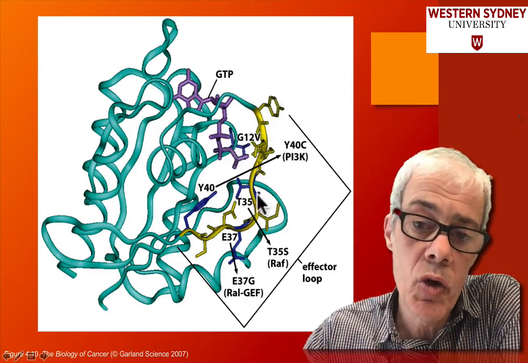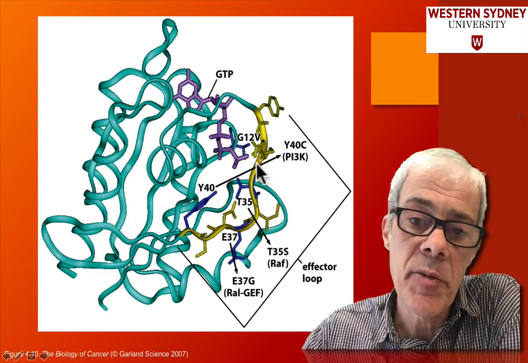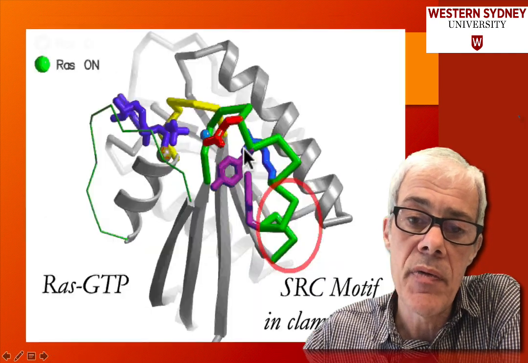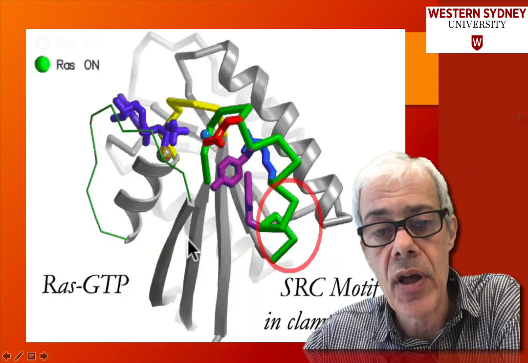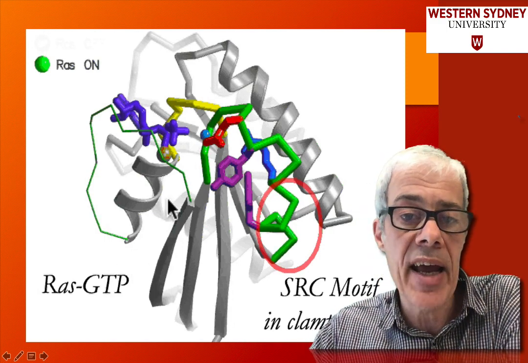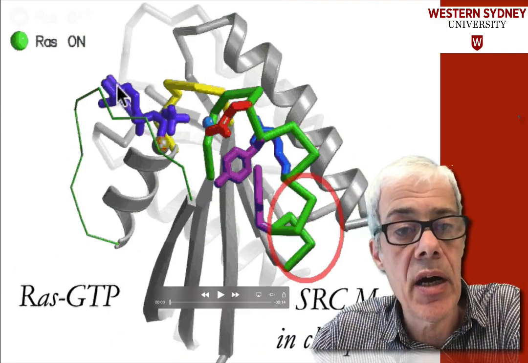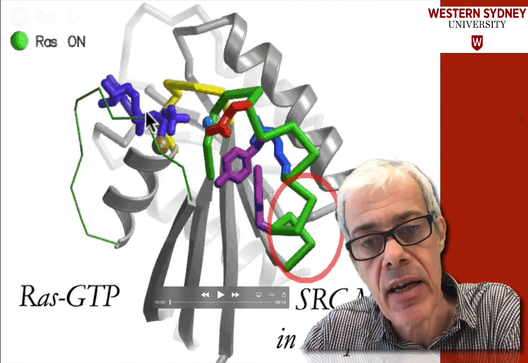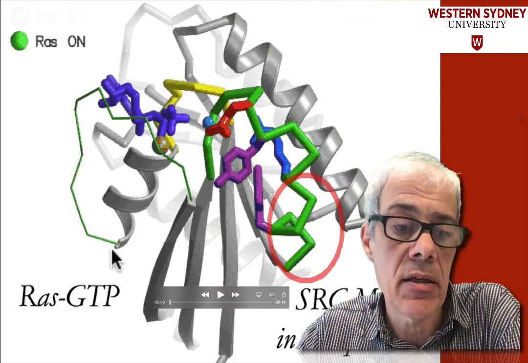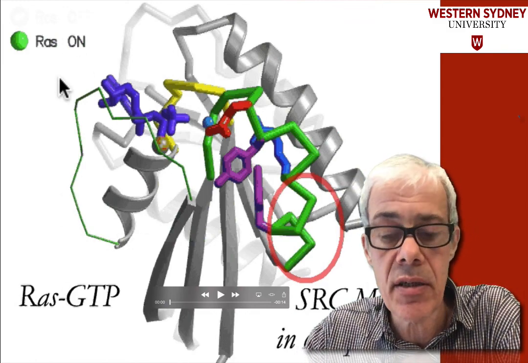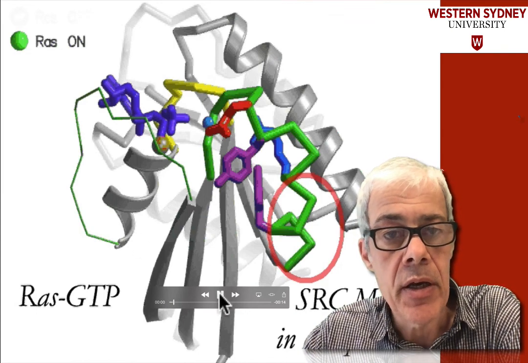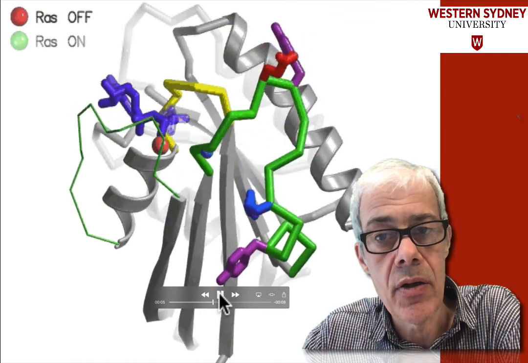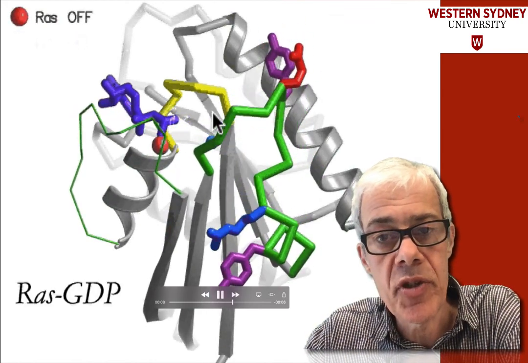RAS also has these flexible loops, and depending on which nucleotide is attached, it changes the structure of this loop. So the gamma phosphate causes this loop to change. I've got a little animation here that shows the GTP or the GDP in the RAS structure. This is showing RAS in the on state. If we run the animation, see how this big loop changed its structure?